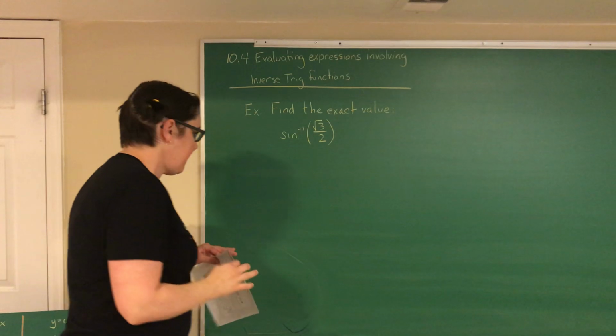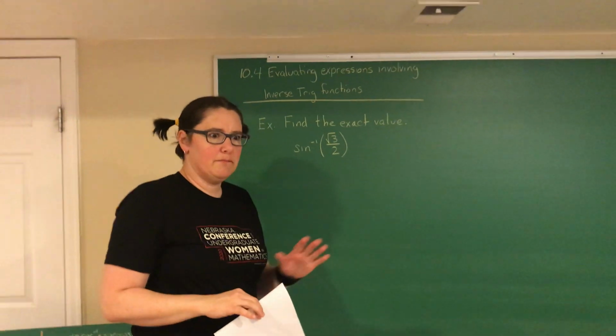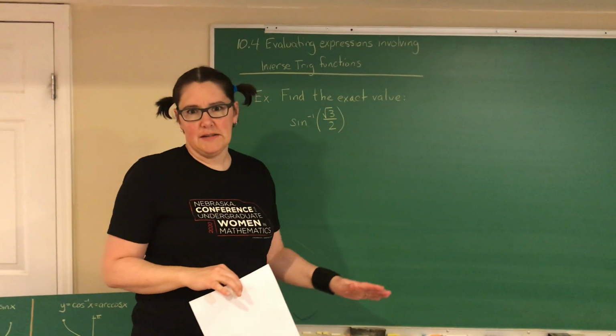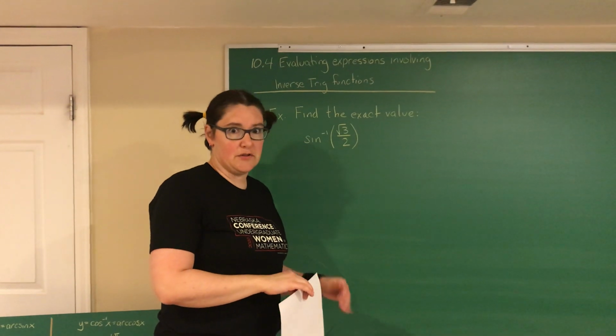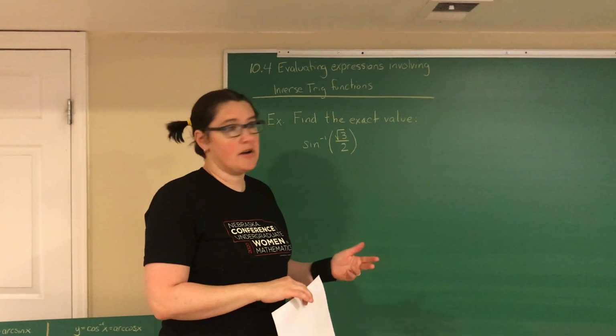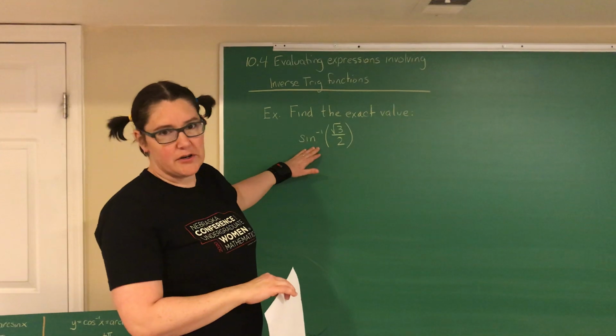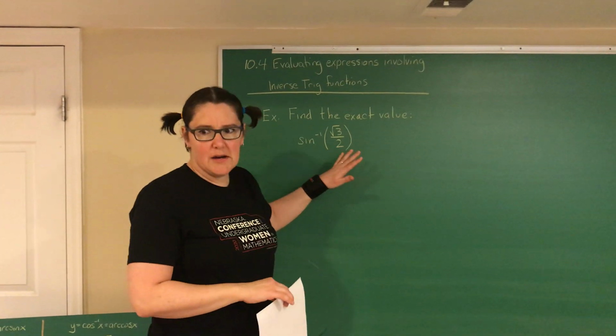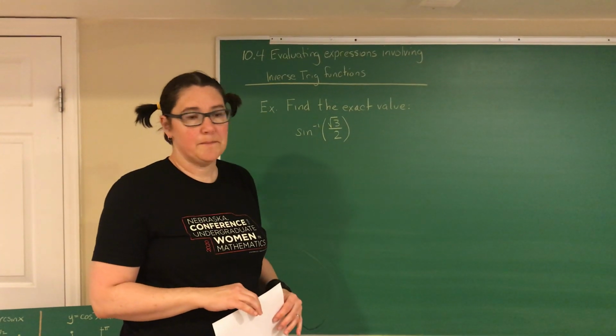Okay, now that we have both the trig functions, sine, cosine, and tangent, and the inverse trig functions, arcsine, arccosine, and arctangent, inverse sine, another name for that is arcsine, I want to think really carefully about what it is we're looking for. Okay?